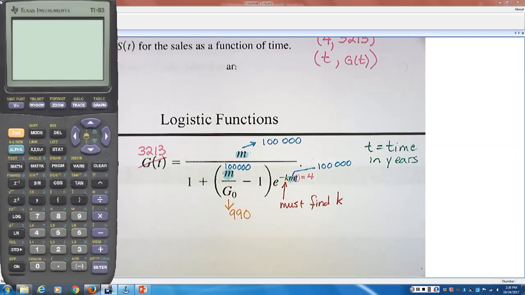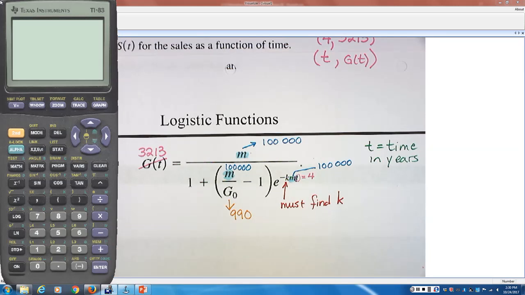Because you have to be able to go from the written problem to plugging it into the logistic function. Does anybody have any questions?